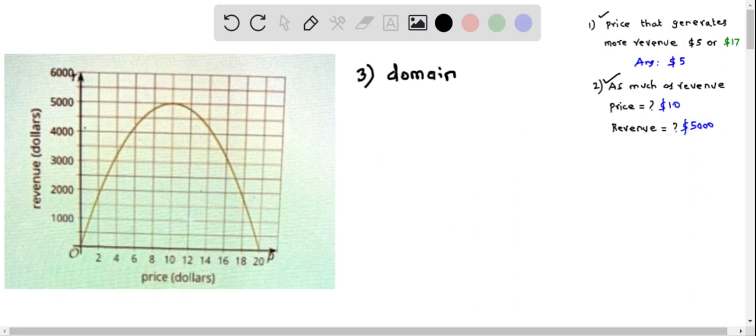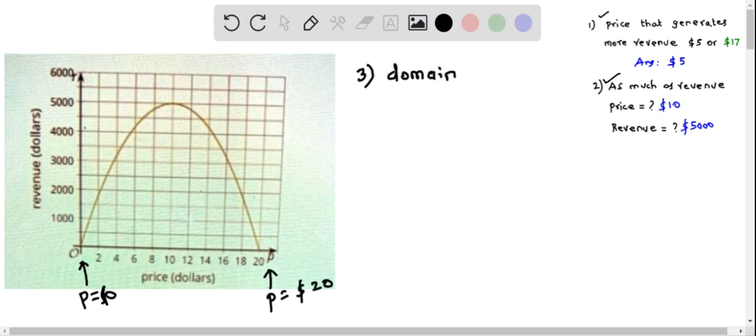We now determine the domain of this function. To determine the domain of the function, we have to look at the graph and see where it starts. Clearly, if you look at the graph, it starts at the price equal to 0, and it is defined for all the values of the price till it reaches the price equal to $20. At price equal to $20, the revenue is 0, as well as at price equal to $0, the revenue is 0.